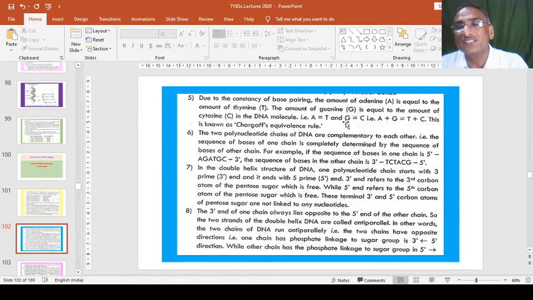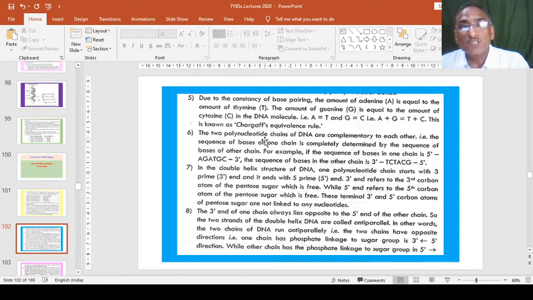AT and CG or GC alternate. Or we can say A plus G is equal to T plus C. This is the one side chain, this is the other side chain, and this is known as Chargaff's equivalence rule. Chargaff's equivalence rule.